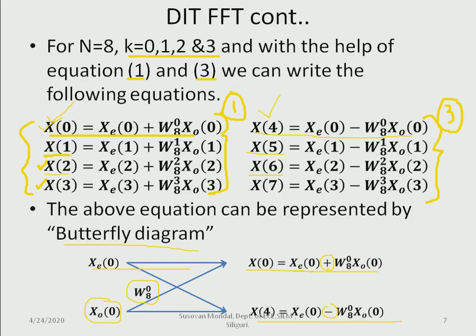But this multiplication is already done here; these are basically the same. So to produce x of 0 and x of 4 we are doing one complex multiplication, not two, because we have already done it for x of 0 and can use the result here.